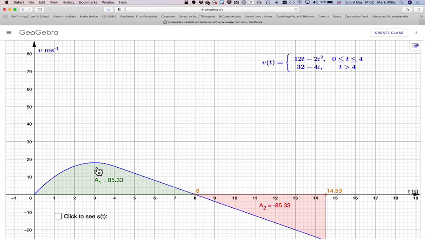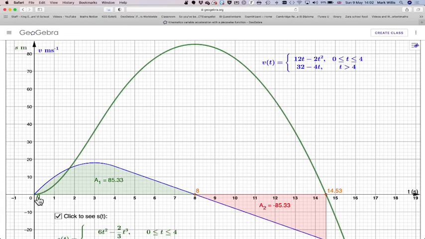Now, if we click at the bottom here, we will get the displacement function. This is the displacement function. So you can see it gets up to this point. You can see here, this is the furthest it gets away from the origin, and then it comes back to the origin at this particular point here.